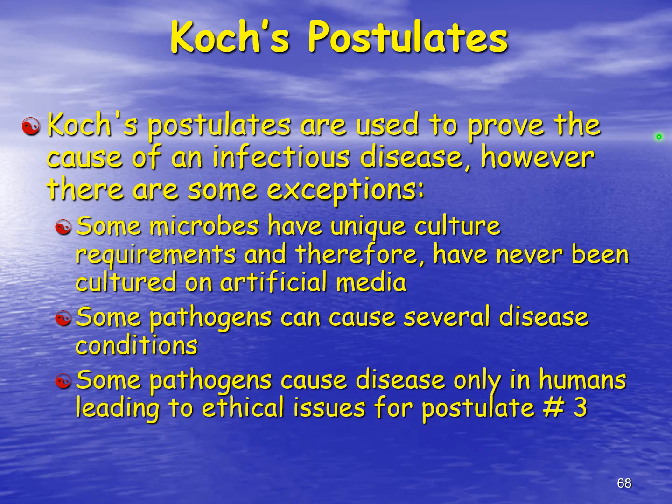And three, some pathogens cause disease only in humans, leading to some ethical issues for postulate number 3. If this disease only occurs in humans, do you want to be the experimental human, especially if this is a lethal disease? So while we still use Koch's postulates, we have to make some considerations for these 3 areas.